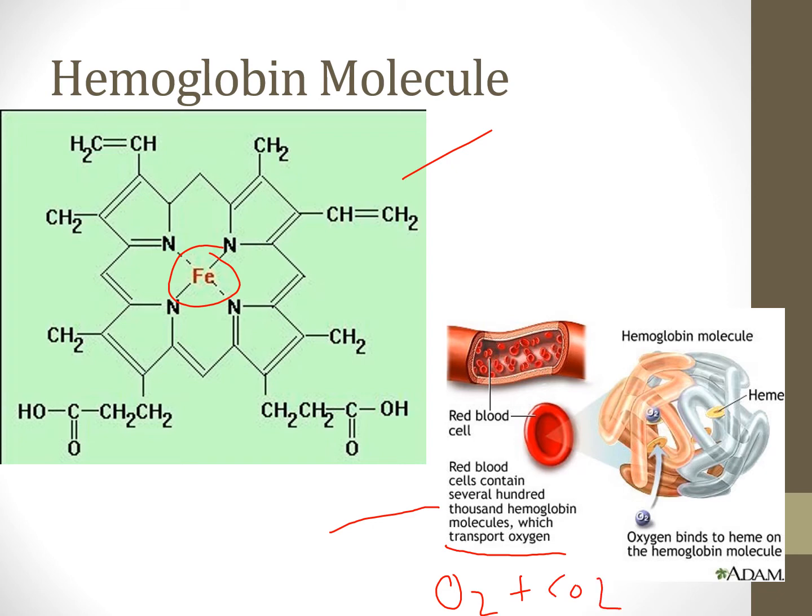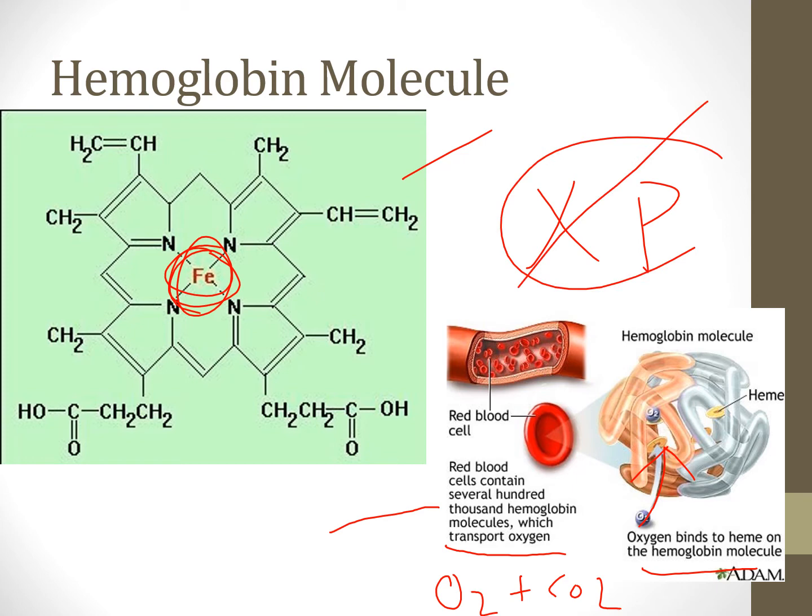So the oxygen molecule will bind to the heme group. That's what you're seeing here in the picture, right? So it binds to that heme group, which has the iron in the center, right? That's why we have that picture up there in the corner. And then once it binds to the hemoglobin molecule itself, remember, oxygen that's bound to the red blood cell or bound to the hemoglobin does not exert pressure. So no pressure, right?